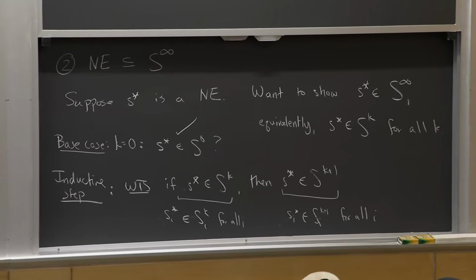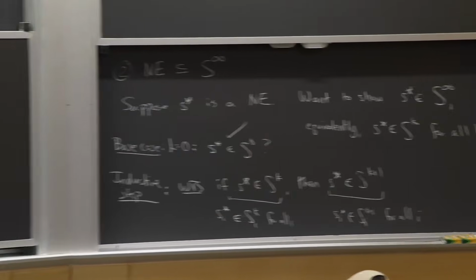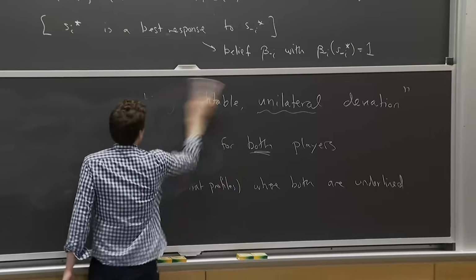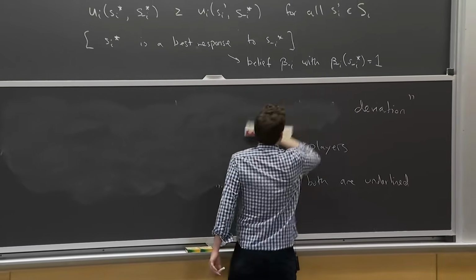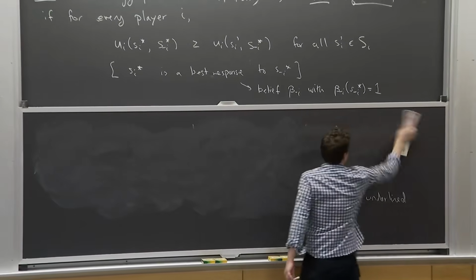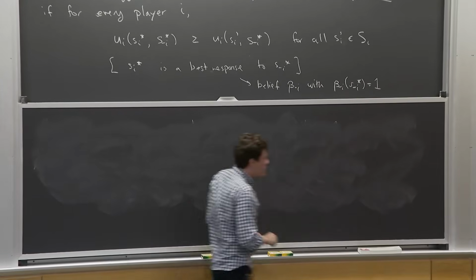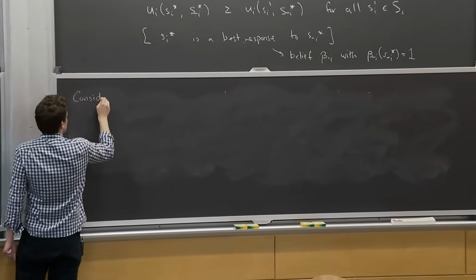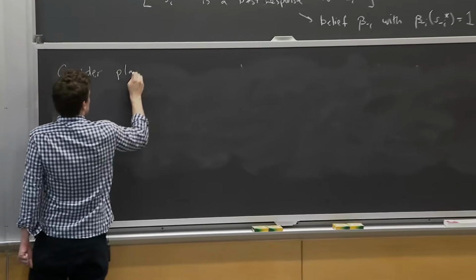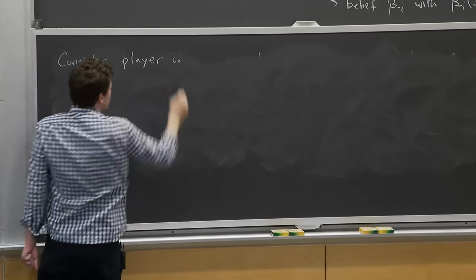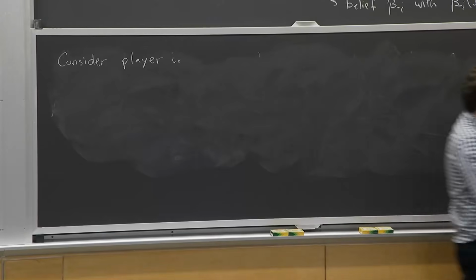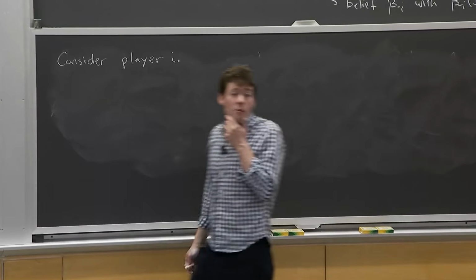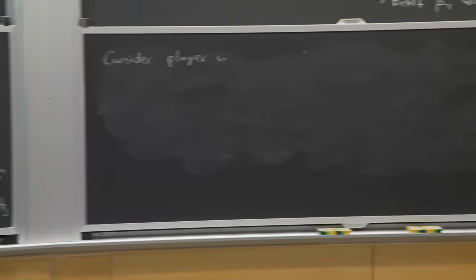So let's try to go through this argument. OK, so here's the argument. Let's consider player I. So we know that SI star is in SIK. But I've argued that that's actually not so useful for us. What's more important from the perspective of player I?